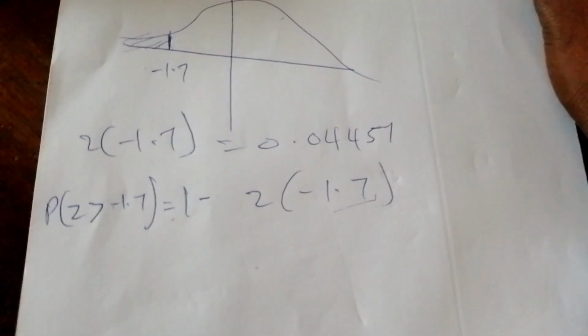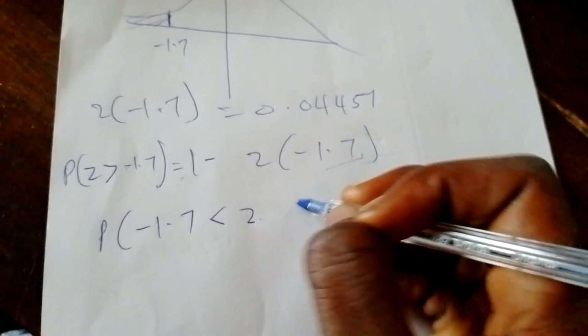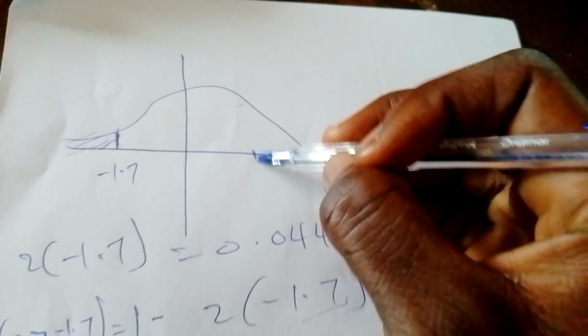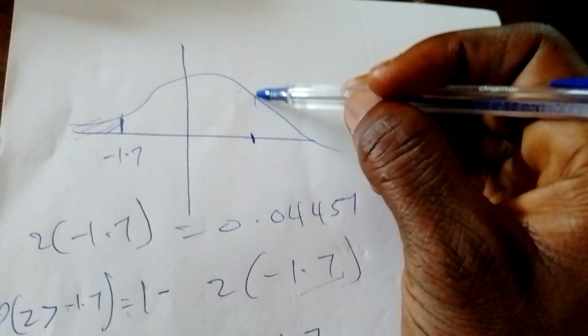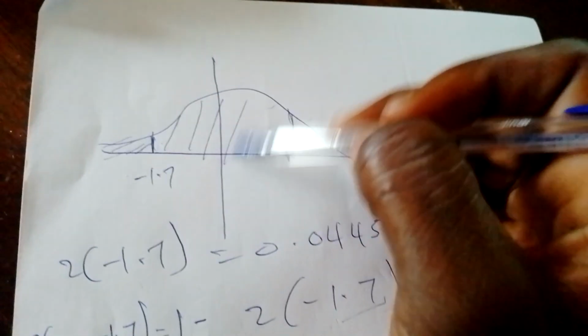And then for the next one, there's another one here. This is the probability of negative 1.7 less than z less than 1.7. So you realize that it will have a replica here, something like this. So basically you are looking for this area.